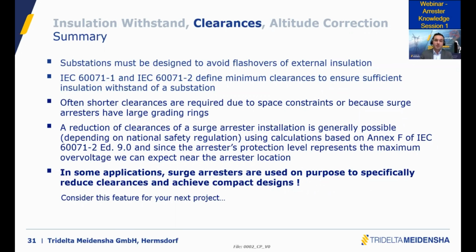It's often required to reduce those clearances during installation due to physical constraints, typically coming from the grading ring of the surge arresters, but it could be for different reasons. So a reduction of the clearances is possible by looking at the residual voltage, and the calculation method is defined in Annex F of the IEC 671-2.